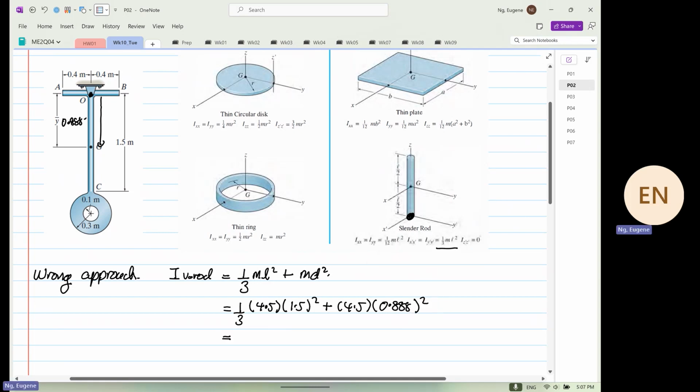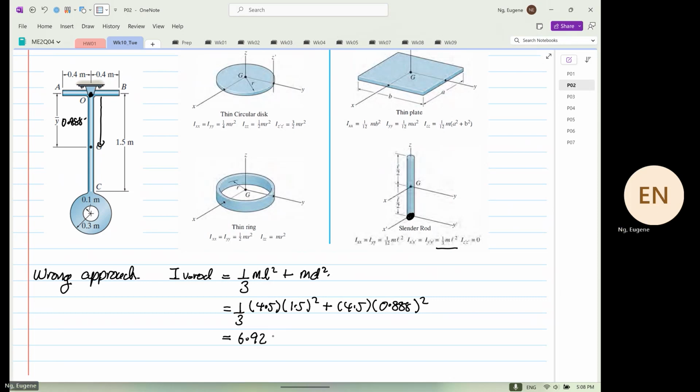So this will bear a value of 1/3 times 4.5 times 1.5 times 1.5 plus 4.5 times 0.888 squared. Syntax error. Even the calculator knows that it's wrong. So it's 6.923 kilogram meter squared.